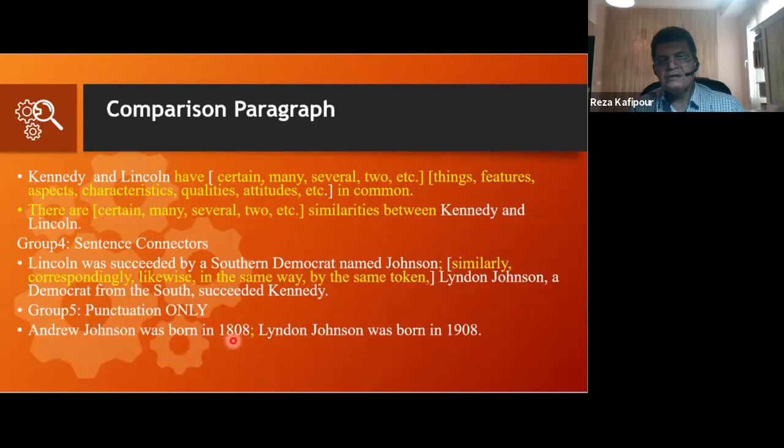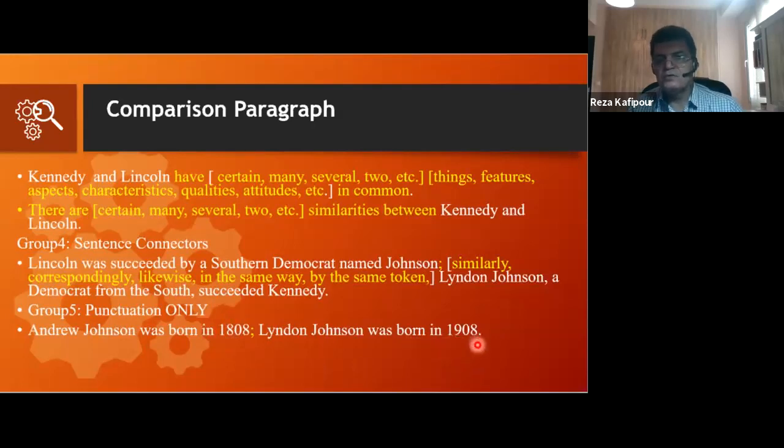When we say 1808 and 1908, the reader understands that we are comparing these two persons based on the similar decade in which they were born, but not discussing similar centuries, because the century is different, 18 and 19.